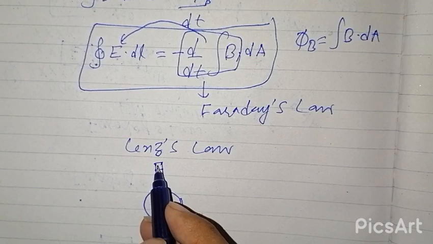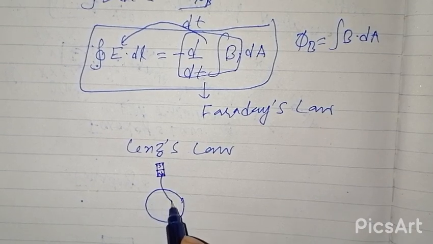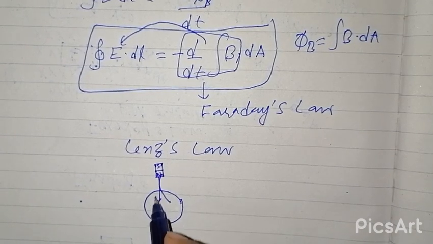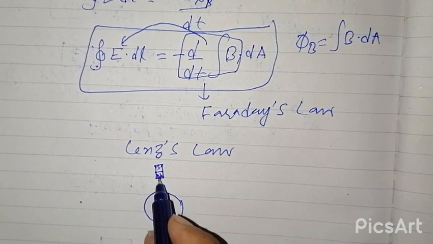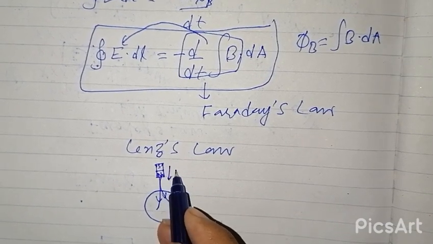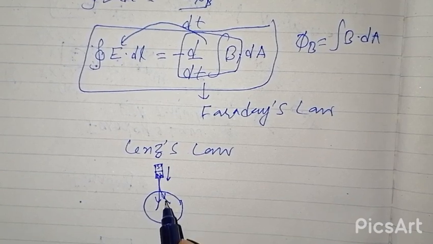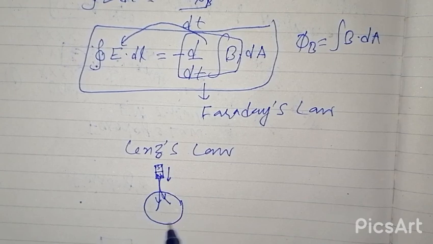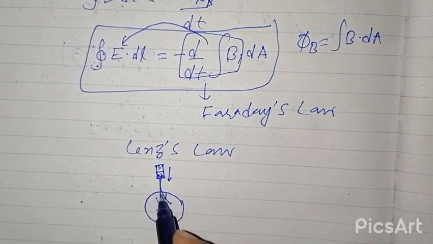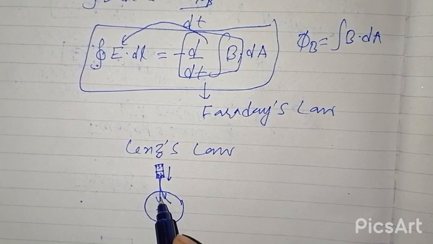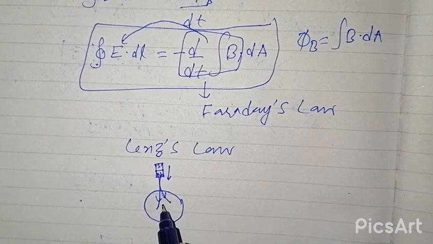It has a north pole and a south pole, and it produces a magnetic field. When we move this magnet in the downward direction, we change the magnetic flux across the area of this coil, so this changing magnetic field will induce EMF in this coil.